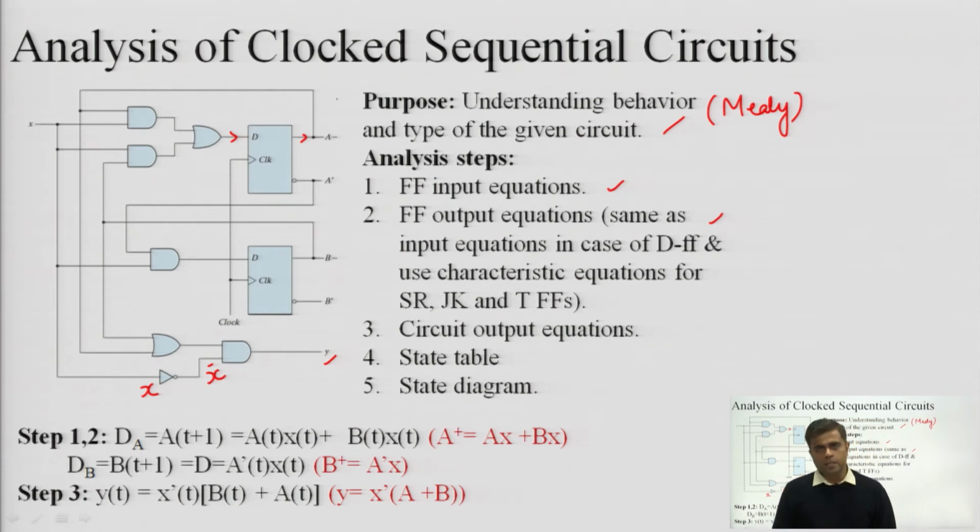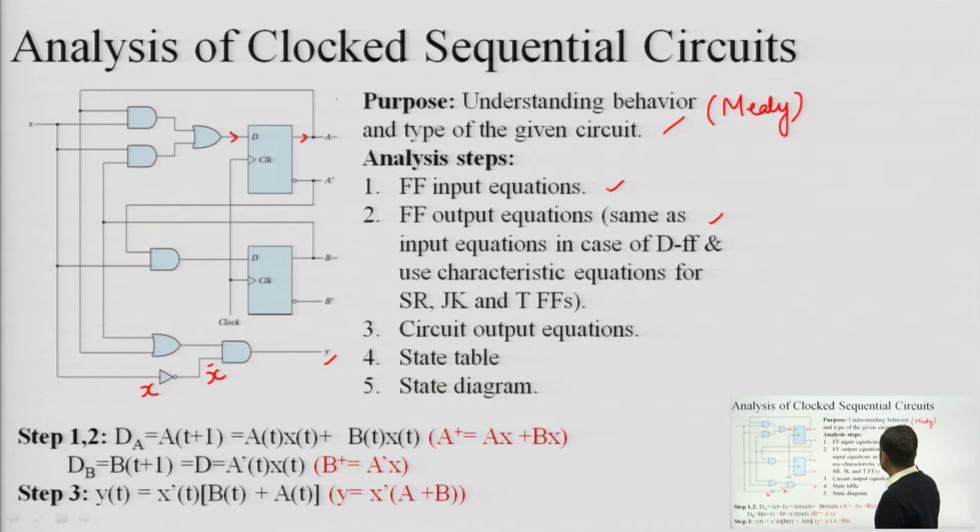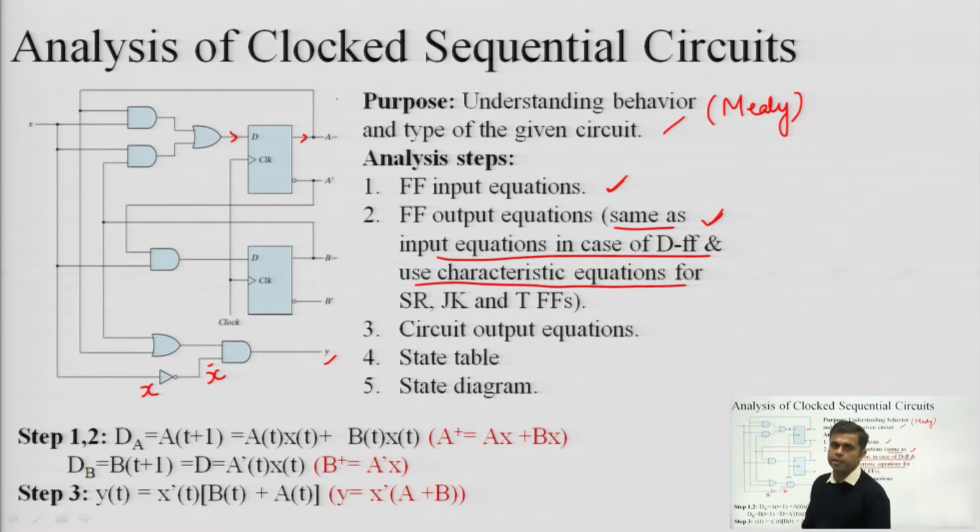We can denote it either way, so the only thing is the next and present notations. So first we find the flip-flop input equation, then the flip-flop output equation, which is the same as the input equation in case of D flip-flop, and if any other flip-flop is there, we have to use the characteristic equation for finding the output.